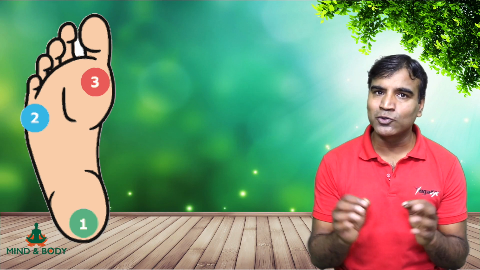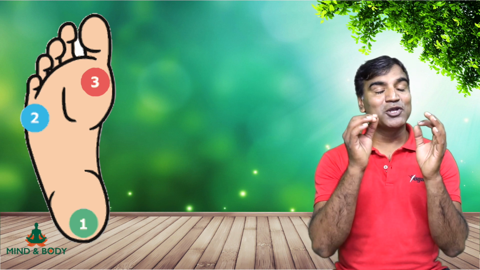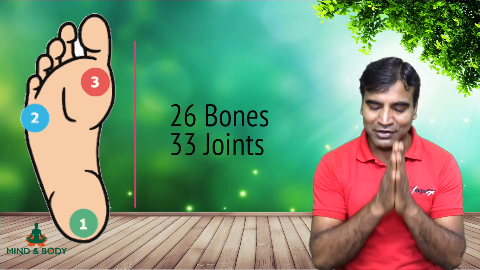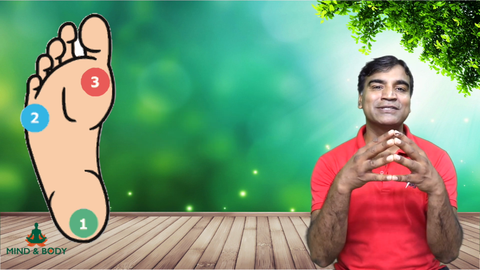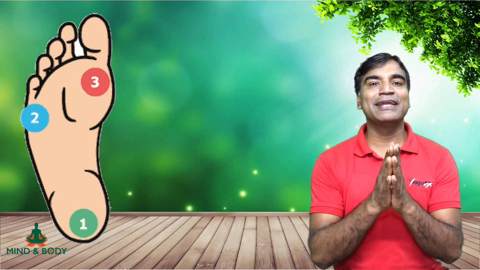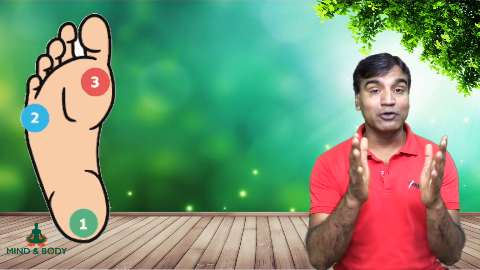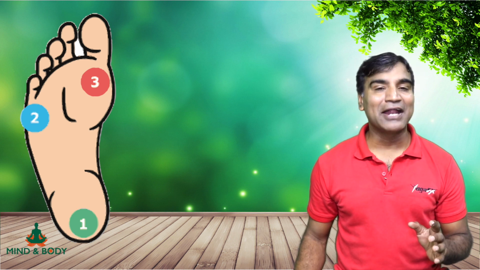Now it's very important to note that to maintain the alignment of our feet, we have 26 bones and 33 joints. Only if these bones and joints are active, properly aligned, is where your foot foundation would be strong. So let us understand it.